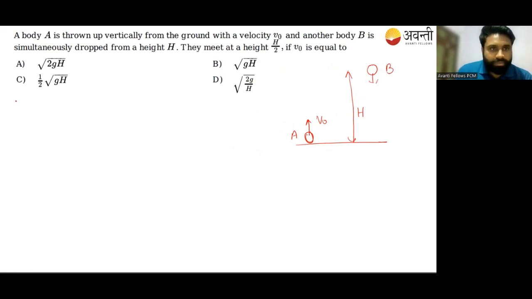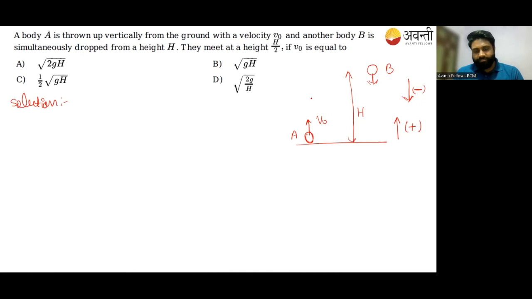So, solution. We take all measurements in the downward direction as negative, and all measurements in the upward direction as positive. This is the first thing that you should start with, the sign convention. Now, body B is just dropped.